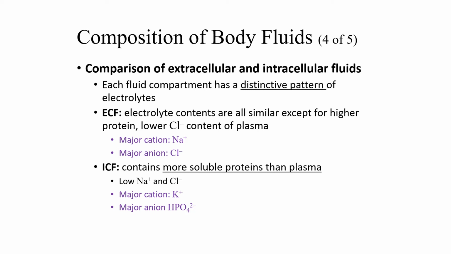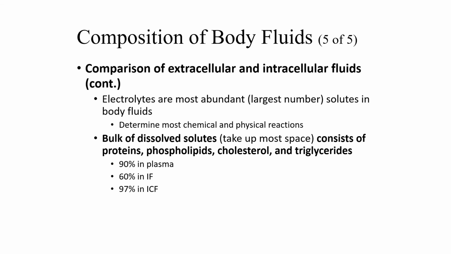And you should remember that the way we get an electrical current is to flip-flop the concentration of sodium and potassium. That's how we get a membrane potential. If you don't remember that, then go back and review it quickly. It'll come back to you.